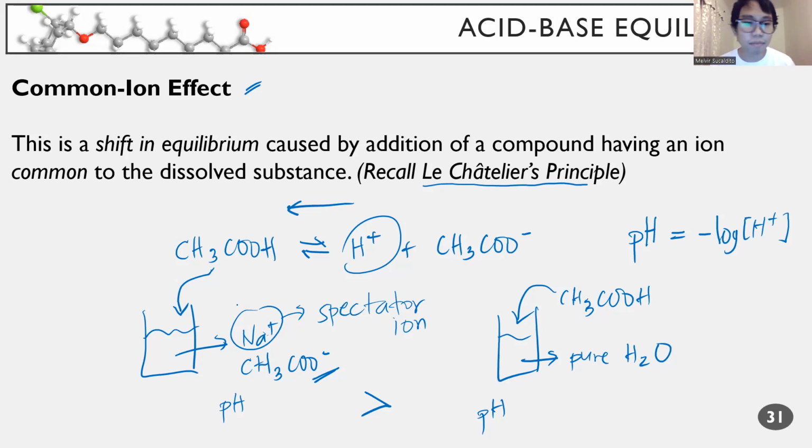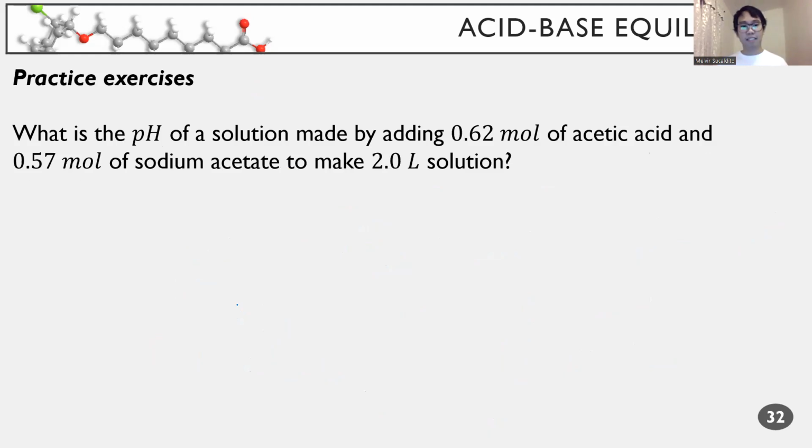Now let's look at this problem. What is the pH of a solution made by adding 0.62 moles of acetic acid and 0.57 mole of sodium acetate to make a 2.0 liter solution?